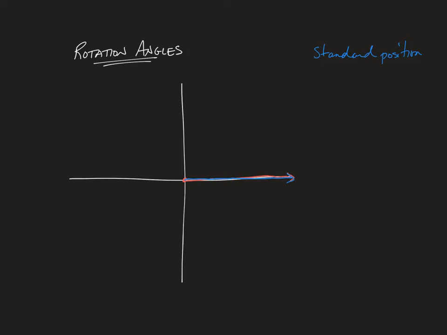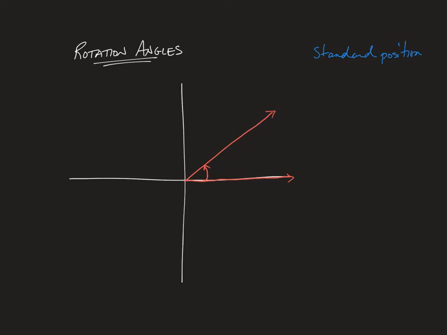Now, both of those rays are actually referred to as arms. If I get rid of that last arm, and we simply said my first arm is going to lie on the x-axis, then I'm going to take the other arm, which would begin on the positive x-axis as well, and rotate it to a certain position. So maybe I rotate it there.